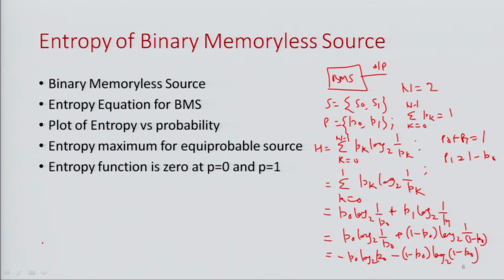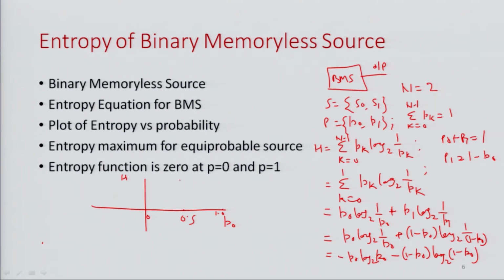We can plot the entropy function H with respect to P0. If we plot this equation, then this is the point P0 equals 0.5, this is P0 equals 0, and this is P0 equals 1.0.